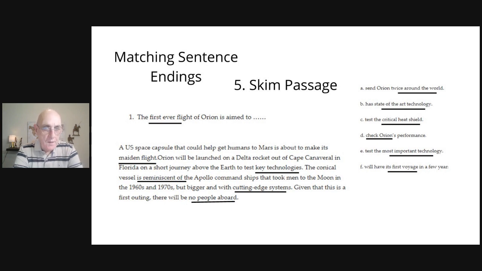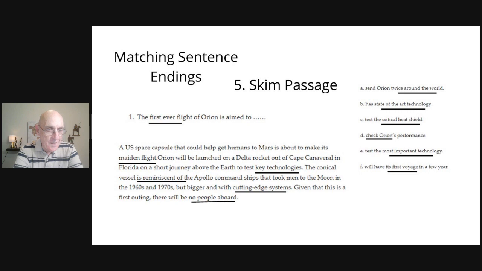And we want to be aware that we've underlined keywords like key technologies, reminiscent. Reminiscent is a word that means the same thing, to remind or remember something that's similar to something else. Cutting edge systems. What does cutting edge mean?